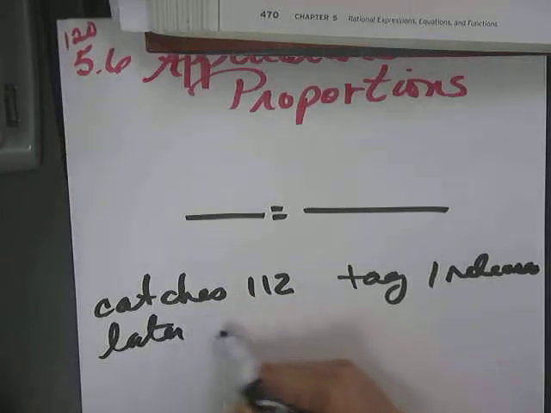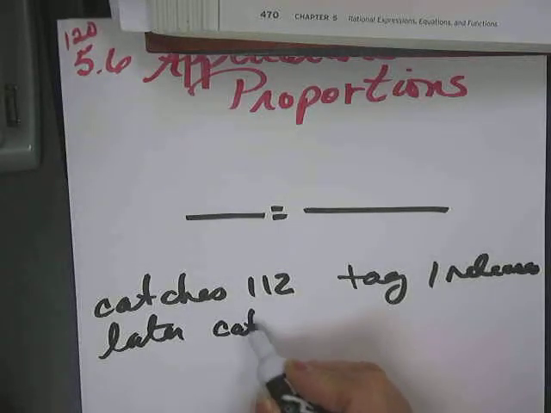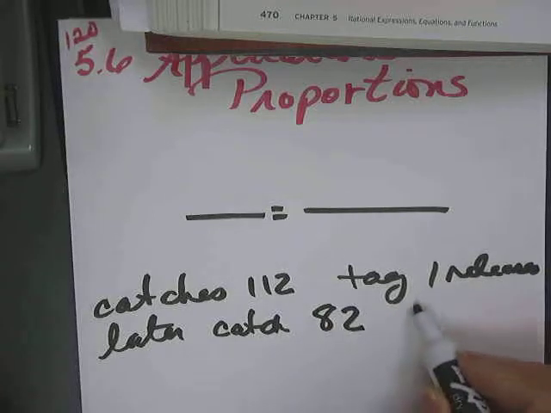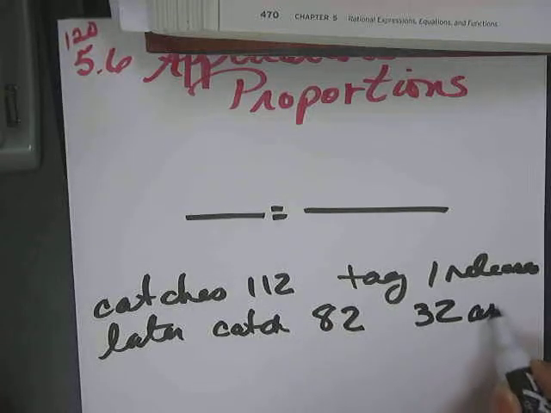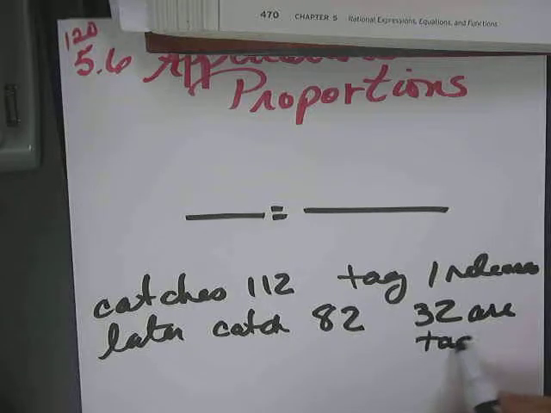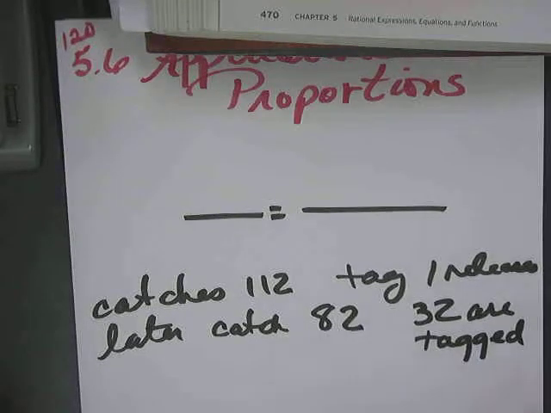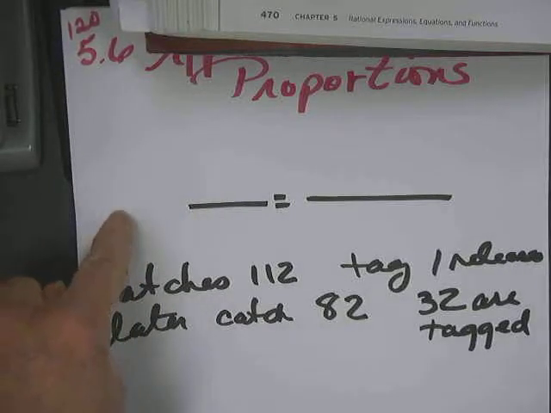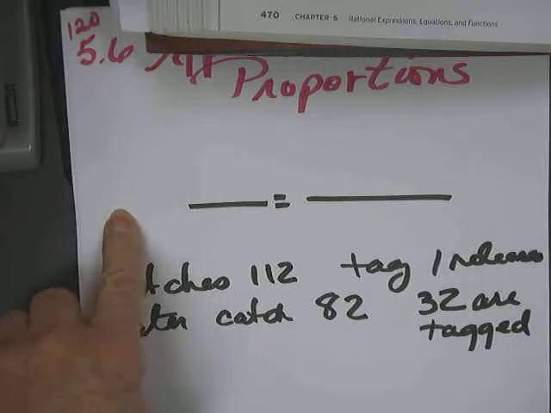Later, they catch 82 trout and 32 are tagged. Okay, I have learned, don't put catch over here.